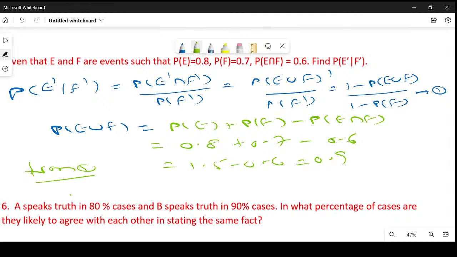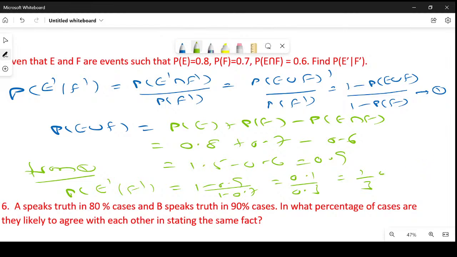From 1 we can write P of E complement by F complement equal to 1 minus 0.9 by 1 minus P of F. P of F is 0.7. So it will be 1 minus 0.9, which is 0.1, by 0.3, which is equal to 1 by 3. So that is the required answer. 1 by 3 will be the required answer.